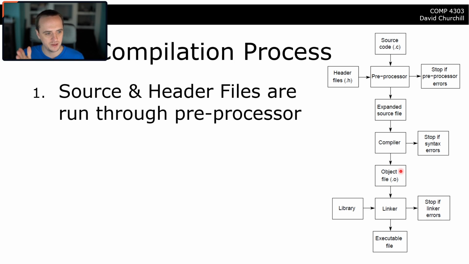So every CPP file will get its own object .o file. And then along with any libraries, your object files and the libraries get linked together. So there's a linker step. It will stop if there are linker errors. So for example, if you told it to include an object file that doesn't exist, it will stop at this point. But if all of this works correctly, then you will have an executable file that you can run.